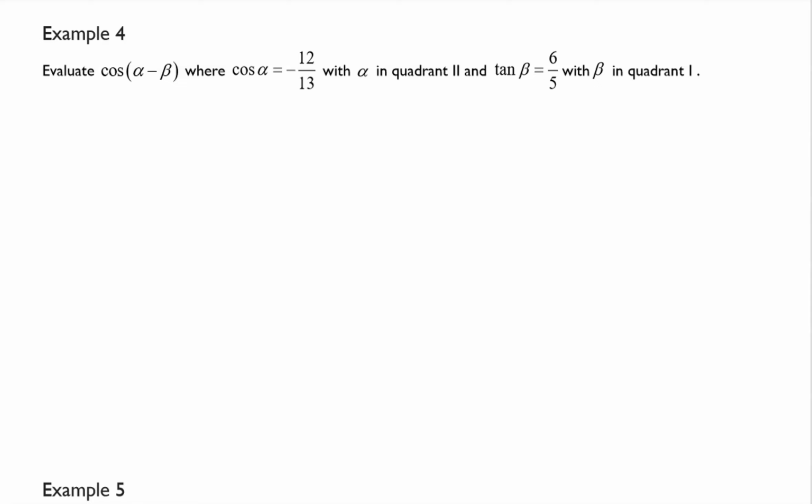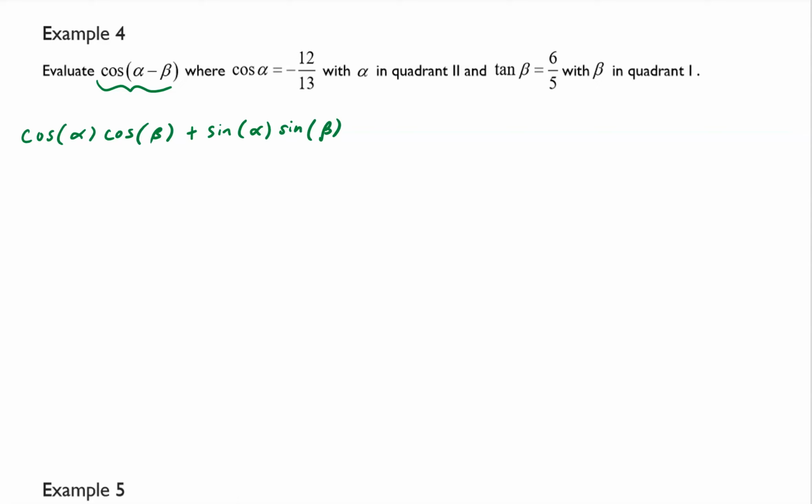So let's first use our sum and difference identity to rewrite cosine of alpha minus beta as cosine, cosine, sine, sine. So cosine of alpha, cosine of beta, and cosine has the opposite sign. So we're going to put plus sine of alpha times sine of beta.